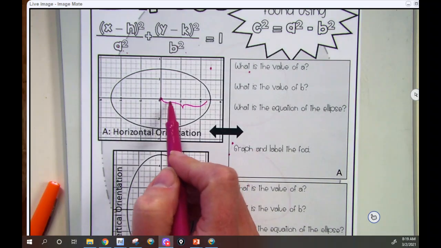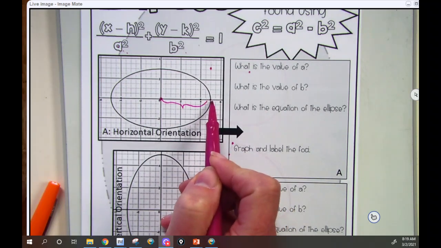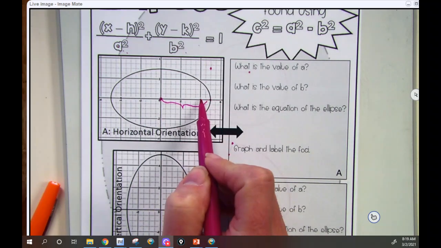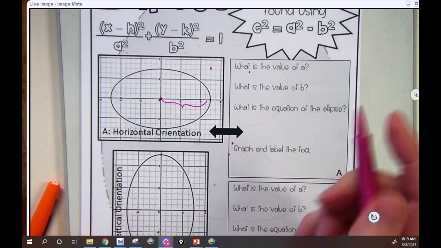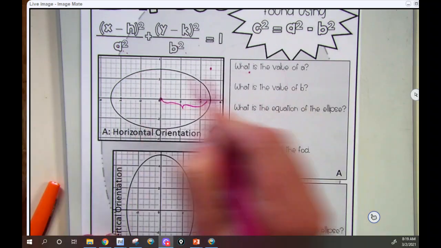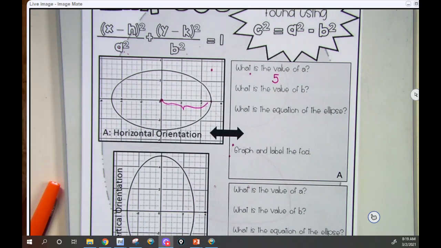I've got 1, 2, 3, 4, I think it's 5, right? I think we're counting by twos here. It's 5. So that means my value of a is 5. From center to the edge is 5.